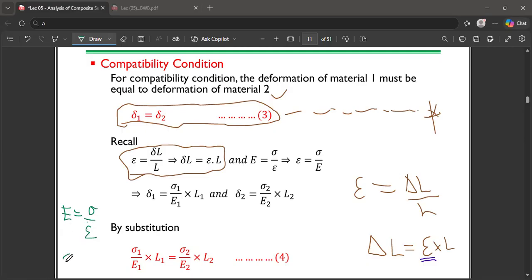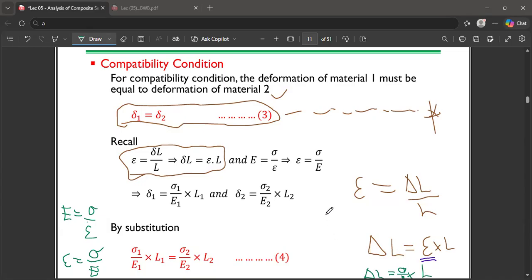Your strain is now going to become stress over elasticity. So if you do that substitution over here, then finally we can say that our change in length is going to be equal to stress over elasticity times our length.